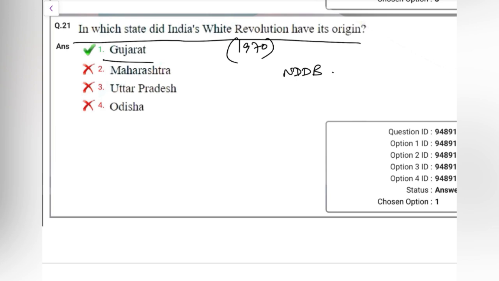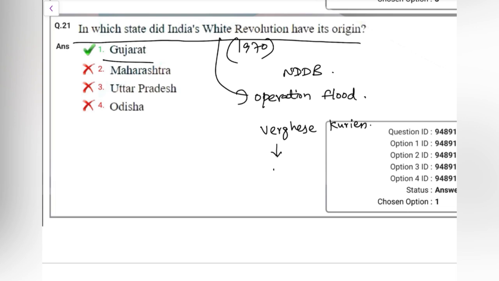And White Revolution, also known as Operation Flood. And Verghese Kurien plays main role in this. Who was the owner of Amul?